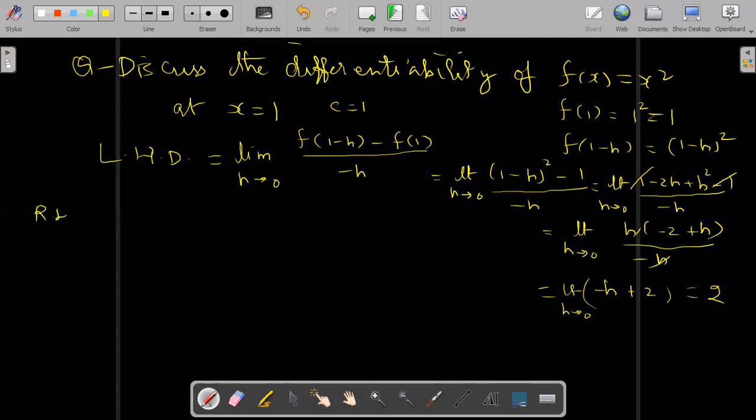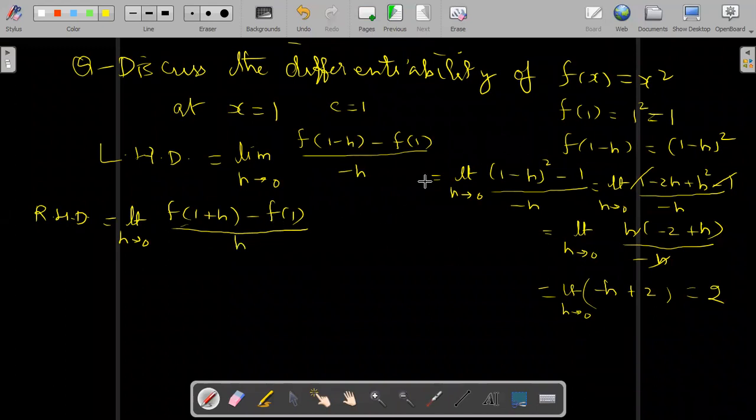Similarly, for the right hand derivative, limit h tending to 0 at the point 1. We give the increment of h in 1: (f(1 plus h) minus f(1)) upon h. You can write the formula at the start and then substitute, otherwise you can do it directly.